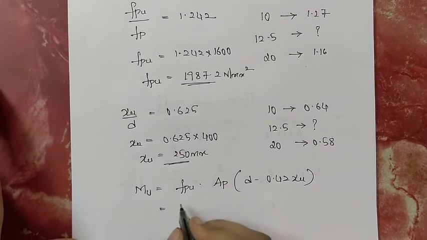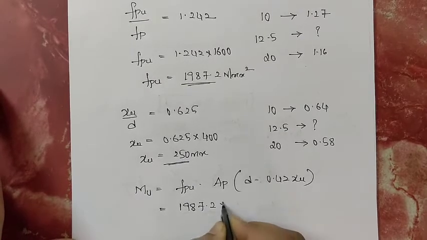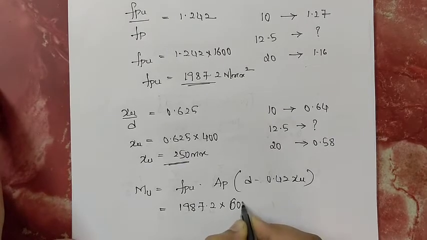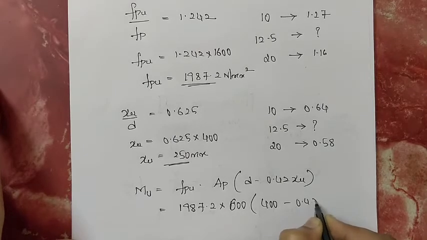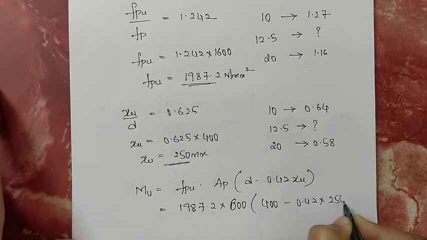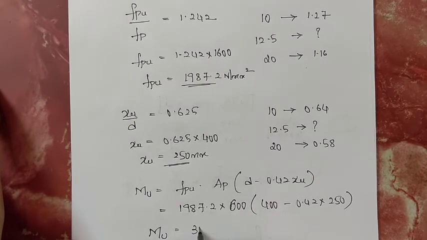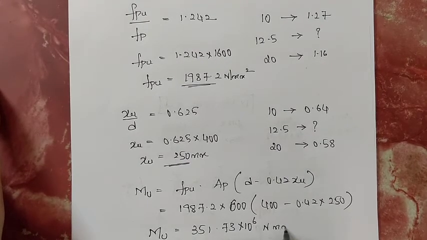Substitute the values. FPU is 1987.2 multiplied by AP, 600, into the D value, 400, minus 0.42 into the XU value, 250. Upon simplification you will get Mu as 351.73 into 10 to the power of 6 Newton mm.